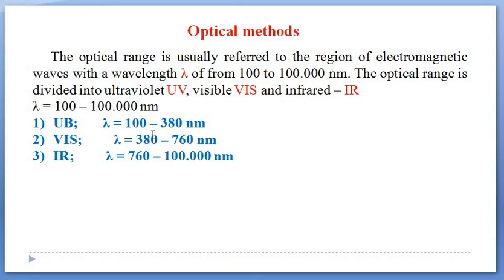Ultraviolet is from 100 to 380 nanometers, the visible optical range is from 380 to 760 nanometers, and infrared is from 760 to 1000 nanometers.